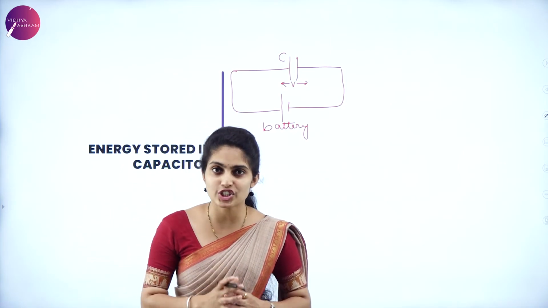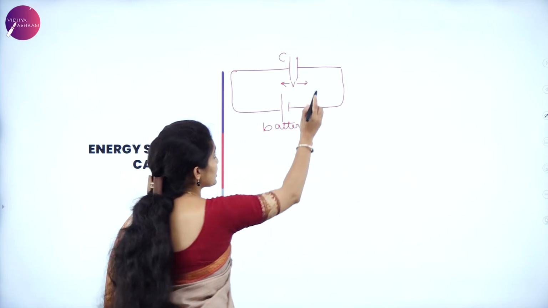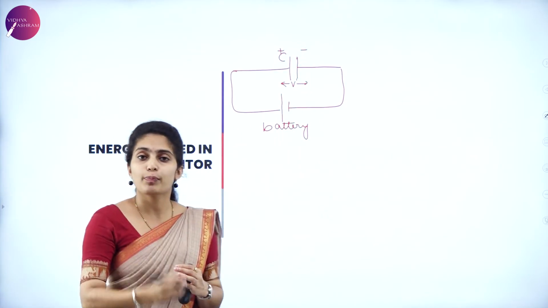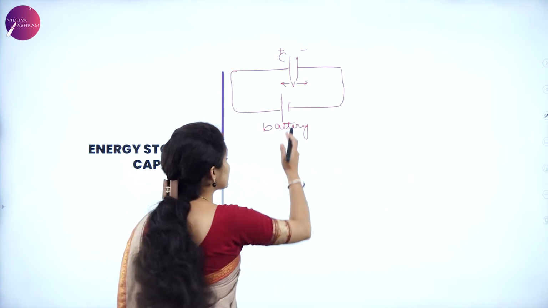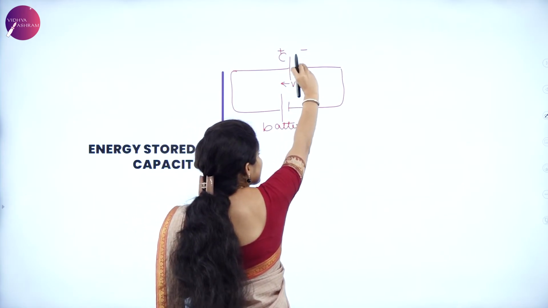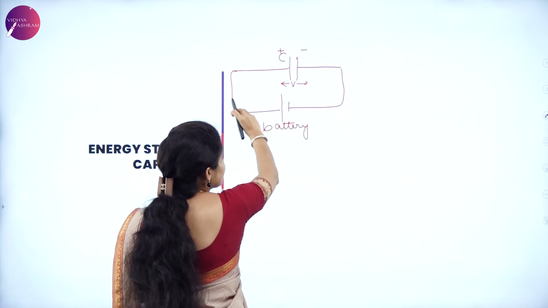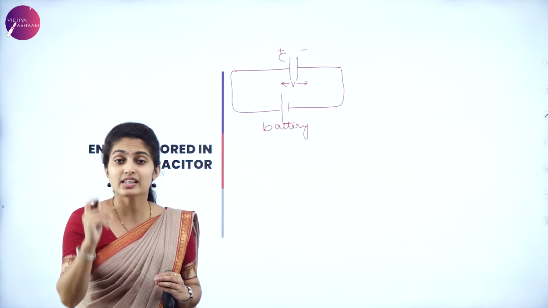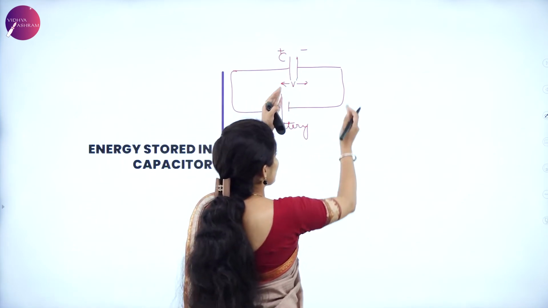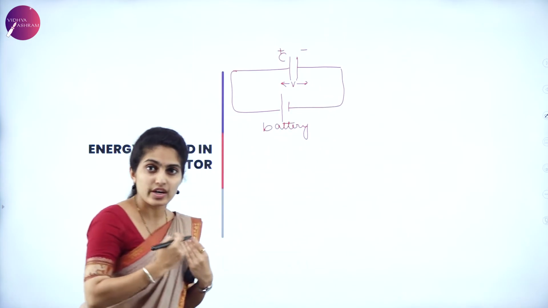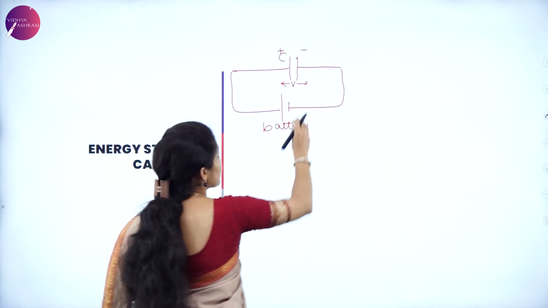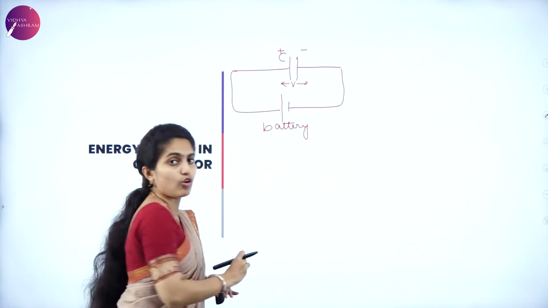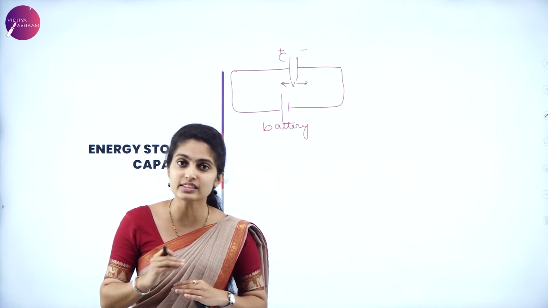Once the charging takes place, suppose this is the positive side and this is the negative side, the positive charges from the negative end of the conductor are removed from this place and put on the positive plate against attraction, because positive and negative charges attract, but we are working against attraction. That means we are bringing positive charge from this end to the other end of the capacitor's conductor.